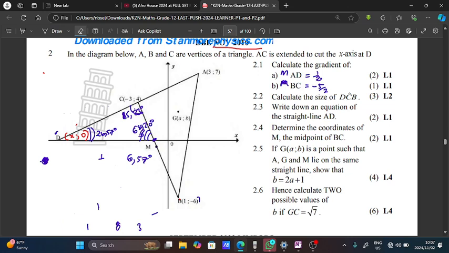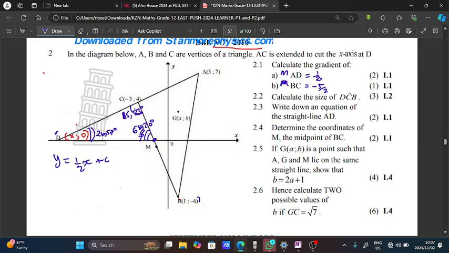Then what is left is to know the y value there. Can we write it or should we calculate it? The line AD from A to D. So we have y equals 1 over 2 x plus c.